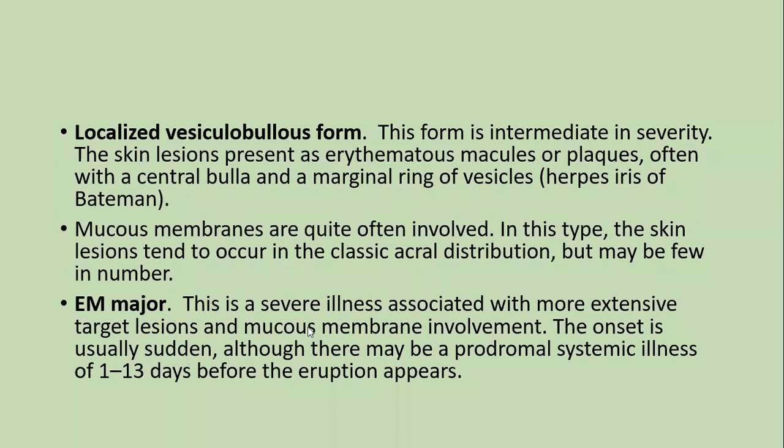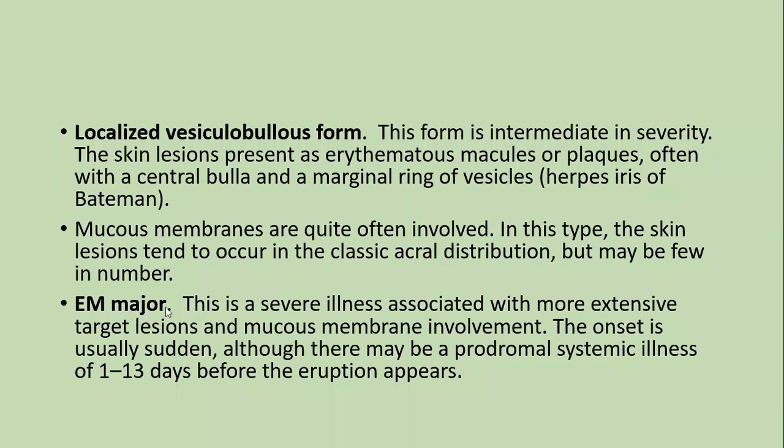Then EM major. This is a severe illness associated with more extensive targetoid lesions and mucous membrane involvement. The onset is sudden, although there may be a prodromal illness 1 to 13 days before the eruption. EM major may involve the mucous membrane, but the involvement is never very serious.